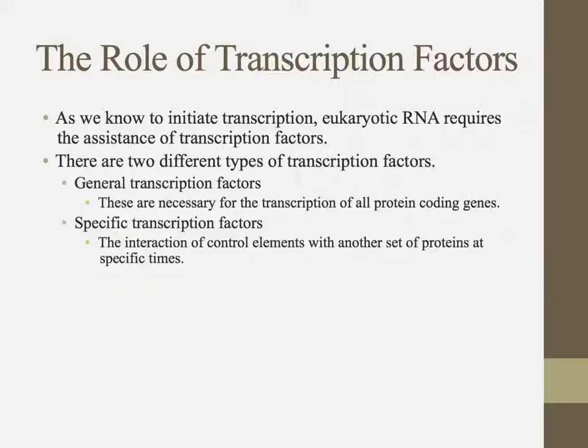An example of that would be the TATA box that we learned about last chapter. And then the specific transcription factors are a little bit weird. It's the interaction of control elements with another set of proteins at specific times. I'm going to be going into that and explaining that a bit more in the next slide.